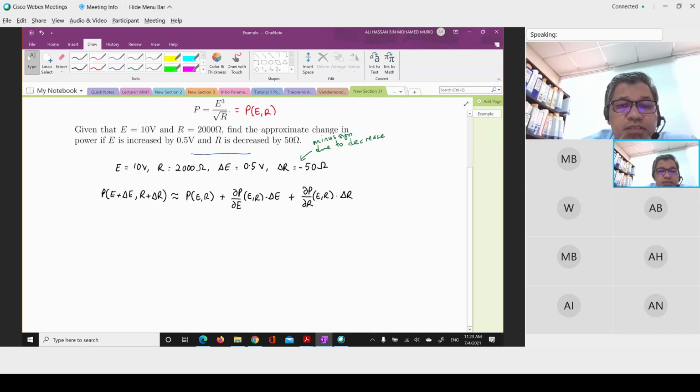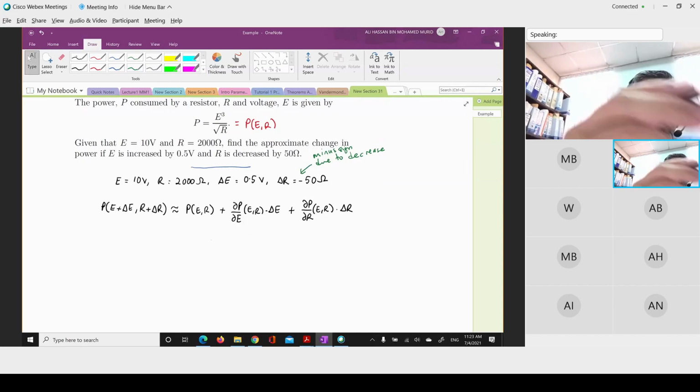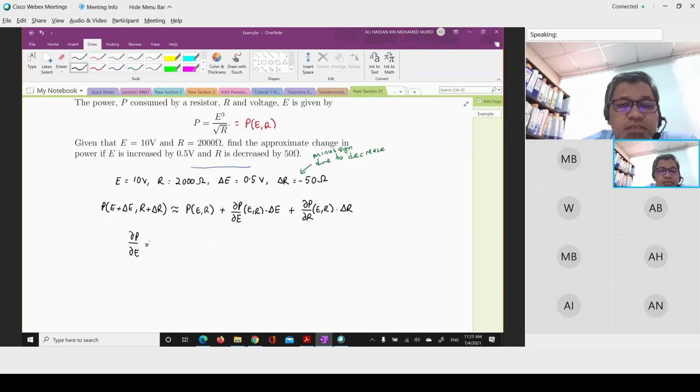So what is partial P over partial E? We need to determine partial P over partial E and partial P over partial R. Let's calculate partial P over partial E first. So we treat R as a constant. What is partial P over partial E? Anybody?